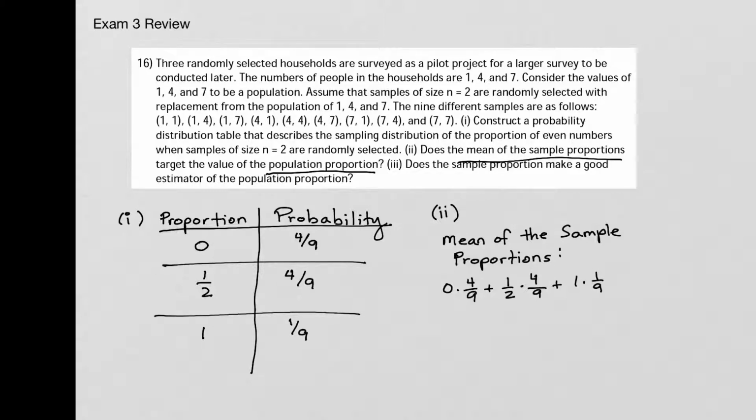And I take each of those products and I add them up, and that gives me the mean of the sample proportions. So 0 times 4 over 9 is just 0. Half of 4/9 is 2 over 9. And 1 times 1 over 9 is just 1 over 9. That all adds up to 3/9, which is 1/3. So that's how I would do that by hand.